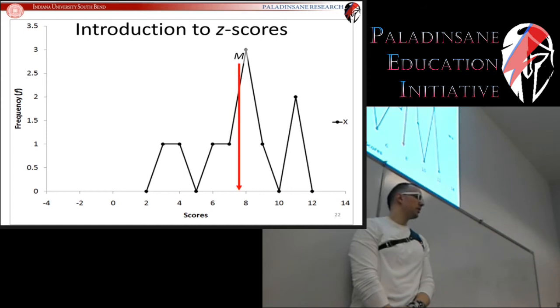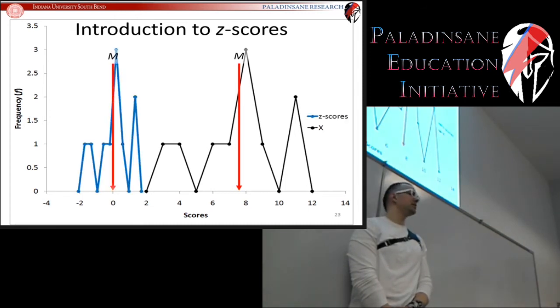If you transform those scores into z-scores, you take that distribution and you move it and you squeeze it. You move it so that the new mean is 0. So the mean of every set of z-scores is always going to be 0, because that's what a z-score does. It takes your distribution and moves it to a place so that the mean is now 0.